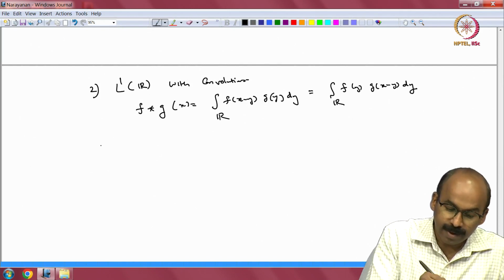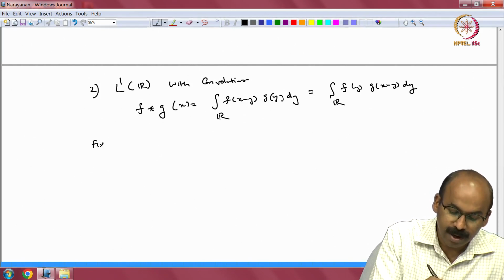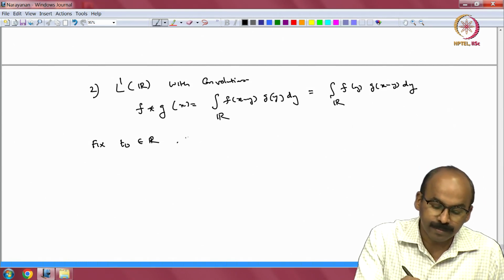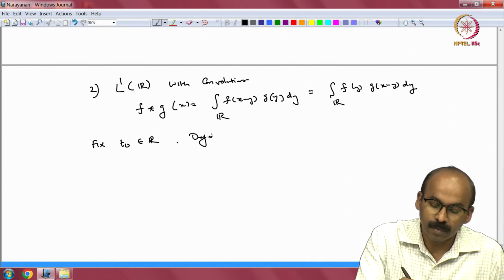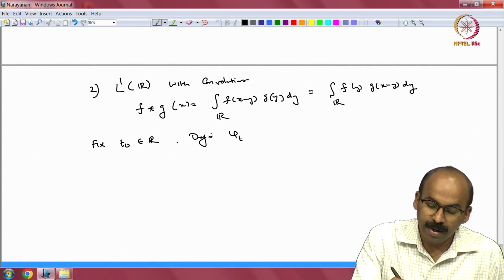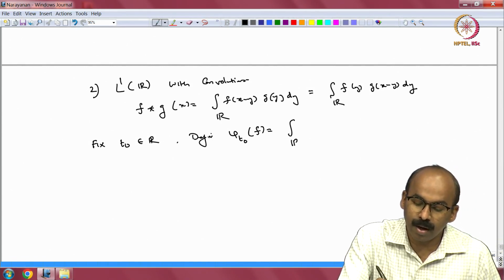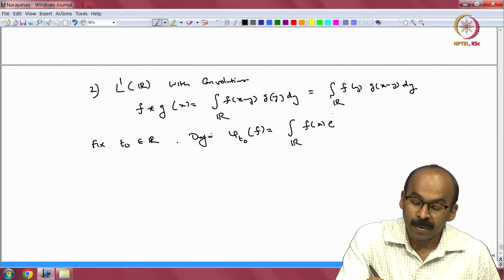So, fix a t naught in R, and define phi t naught of f to be equal to the integral over R of f of x e to the i x t naught dx.